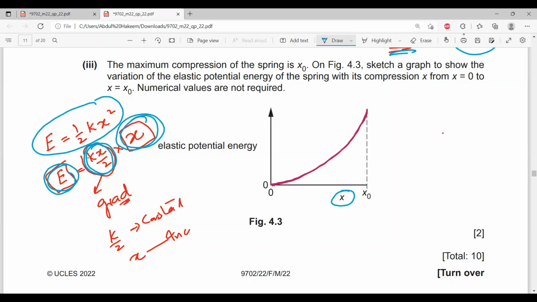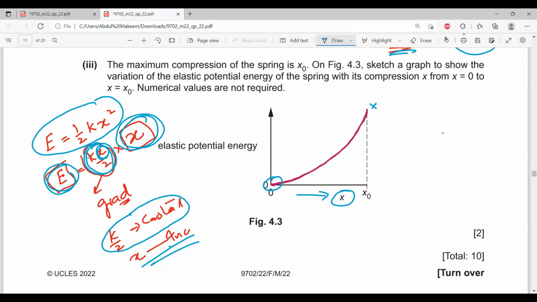Now, k by 2 is constant, but this compression is increasing. Look at this, it's increasing. So definitely the gradient will be increasing. So we will draw the graph starting from 0 with an increasing gradient, and we will finish the question. So I repeat this.